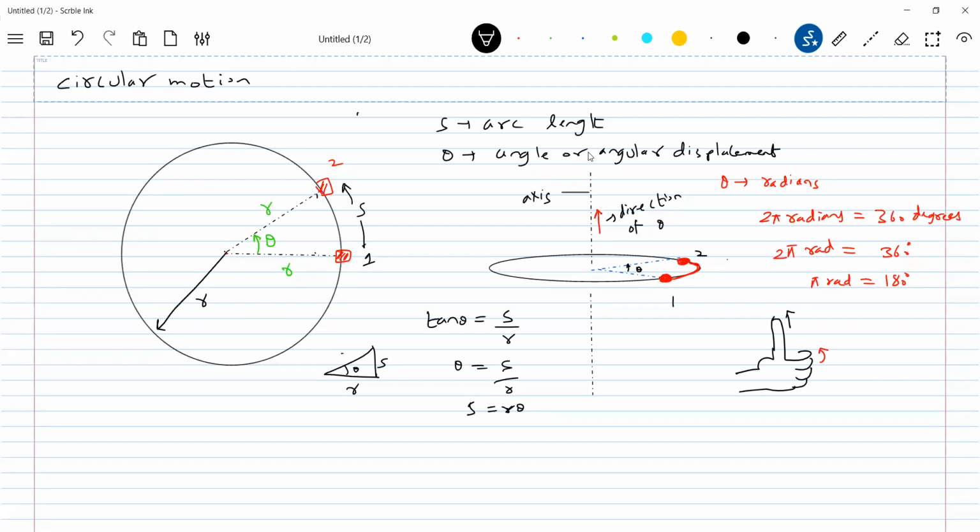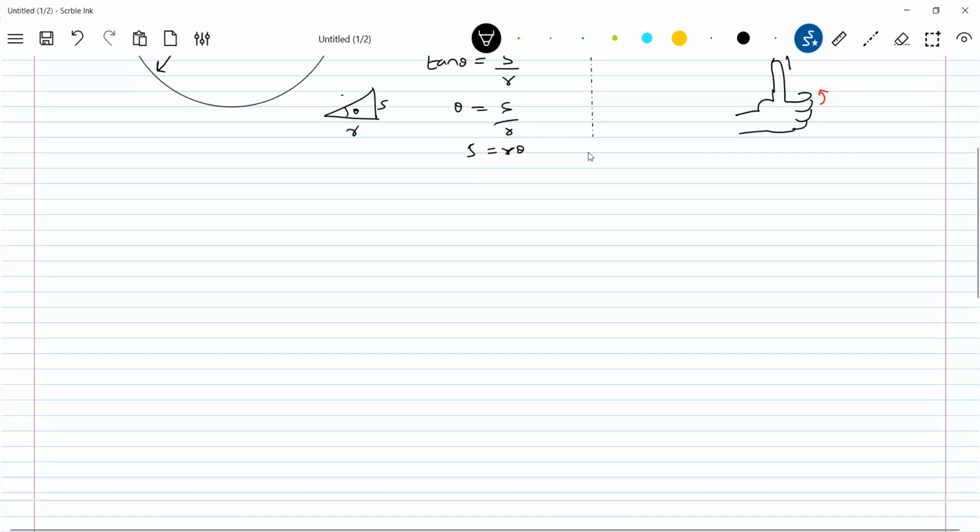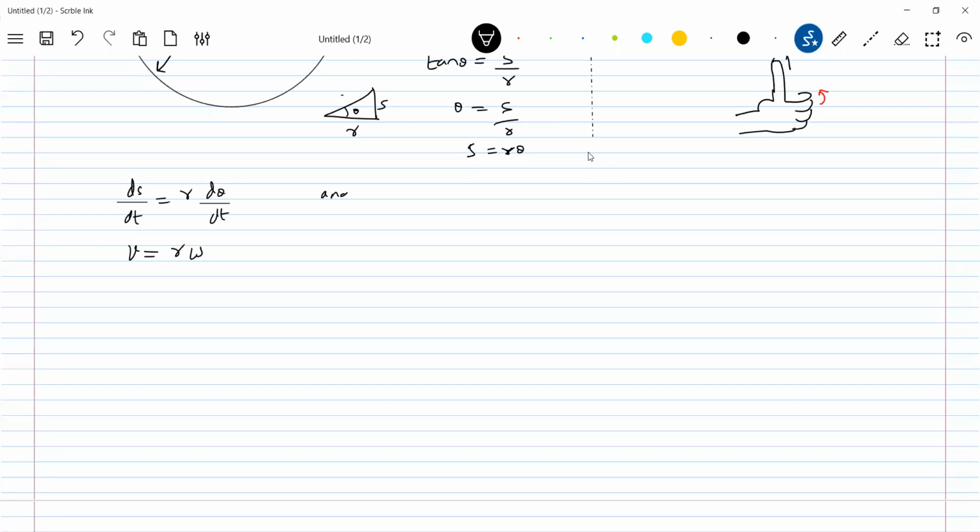Shall we differentiate this? If I differentiate, ds by dt, let r be constant, this will become r d theta by dt. So what is ds by dt? This is called linear speed. D theta by dt is called angular velocity. So how to define angular velocity?